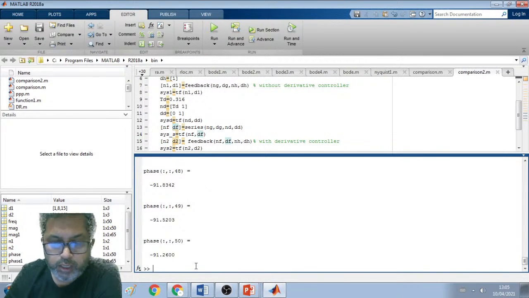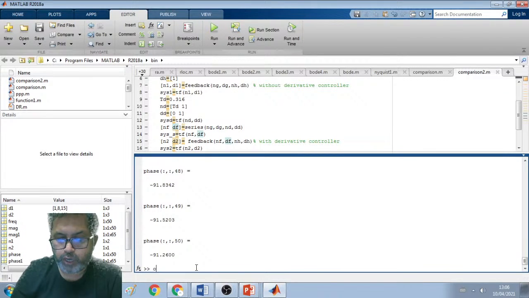So you can get the magnitude and phase plot also if you say bode only. Okay, so this is bode.